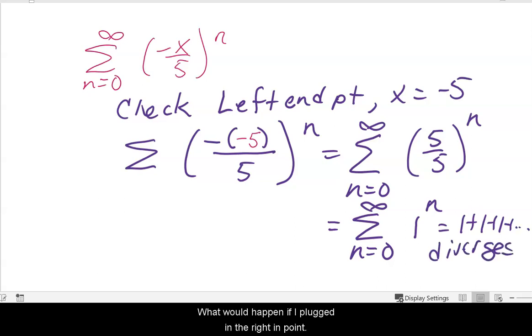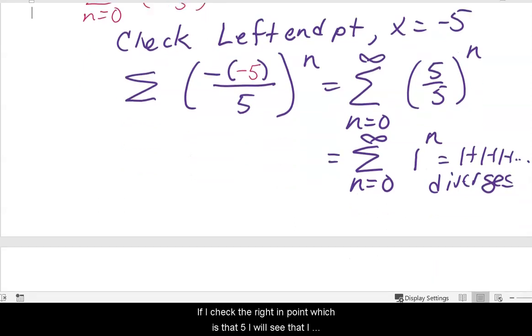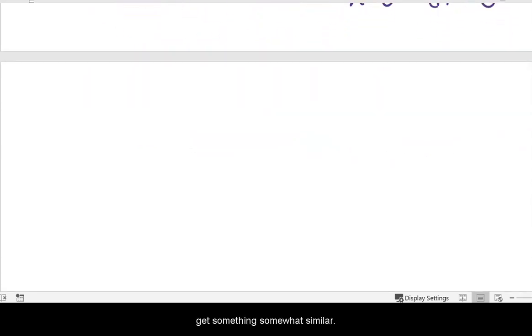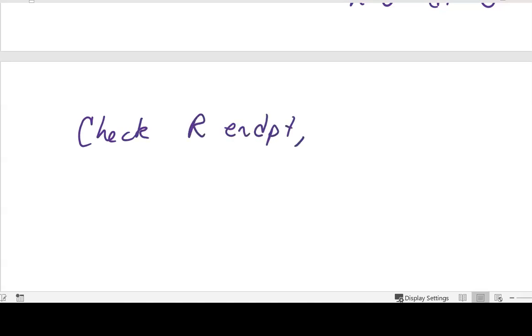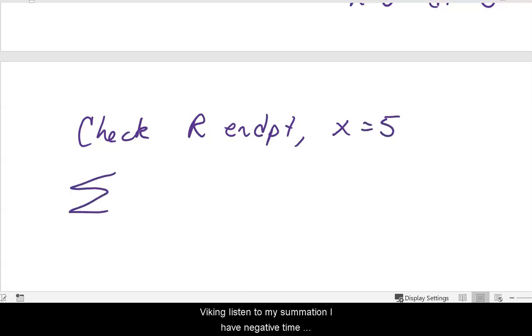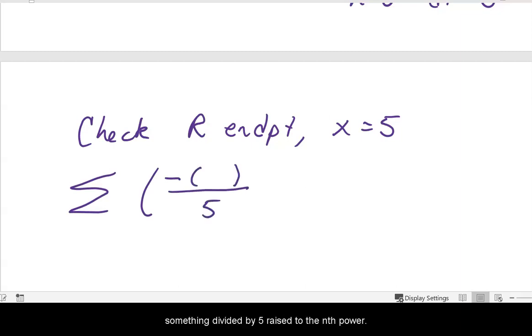What would happen if I plugged in the right endpoint? If I check the right endpoint, which is at 5, I will see that I get something somewhat similar. So now I'm going to check the right endpoint. The right endpoint is x equals 5. Plugging this into my summation, I have negative times something divided by 5 raised to the nth power.